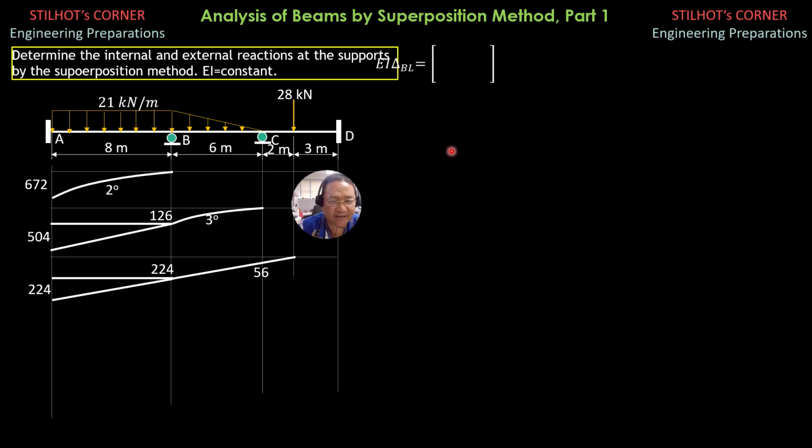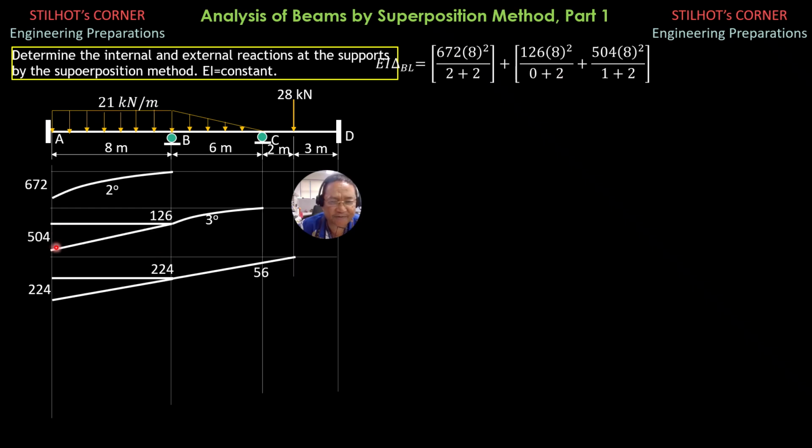So EI delta B due to the loads is, this is 672 times 8 squared over second degree plus 2. Then for this loading's moment, 126 couple, length 8, so 8 squared over 0 degree plus 2.